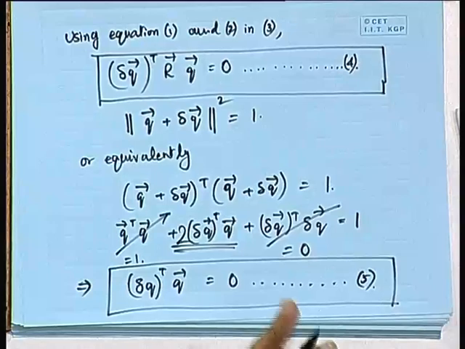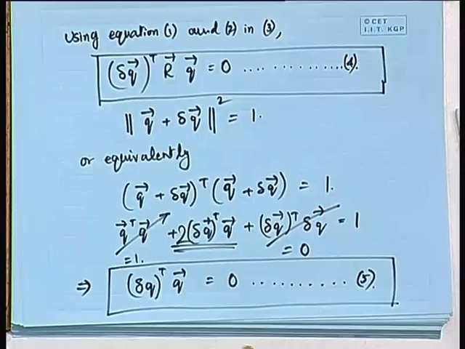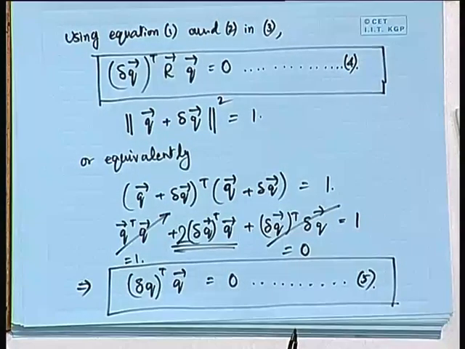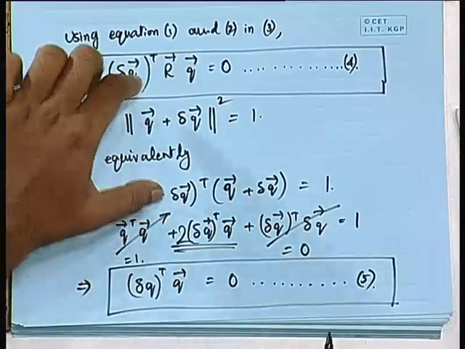Now, since both of them are equal to 0, there must be some way of combining these two, but there is some difference between equation number 4 and equation number 5. What is the difference? Here a term R is there, whereas here there is no such term.